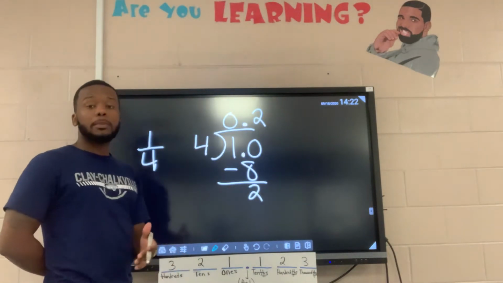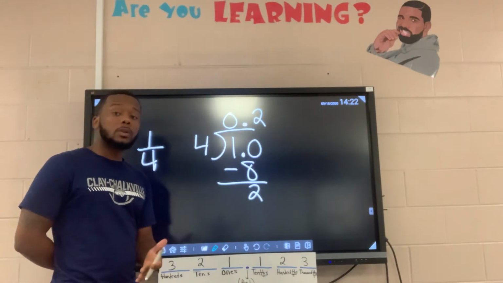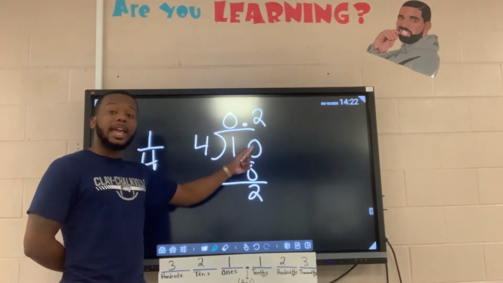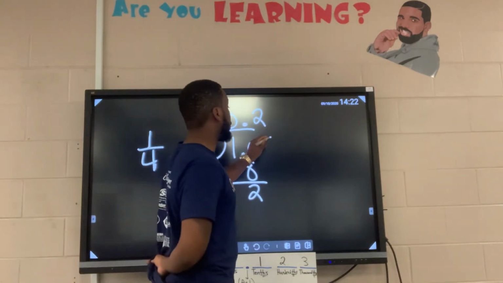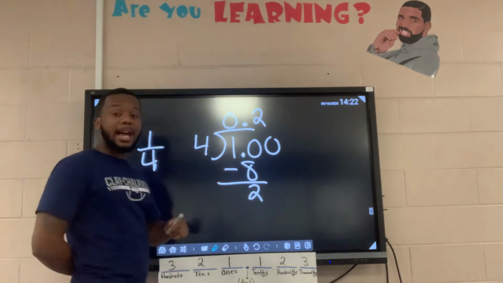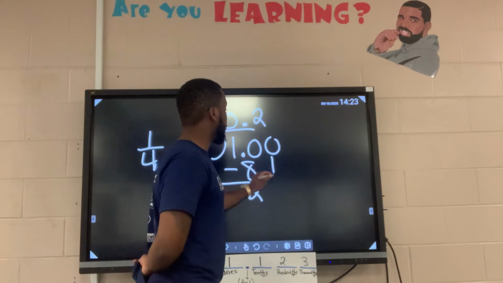But remember we said we don't want a remainder if we don't have to have one. So I can continue to add zeros until I have no remainder. I'm going to add another 0 because that value still hasn't changed. It's still 1. And I'm going to bring my 0 down.